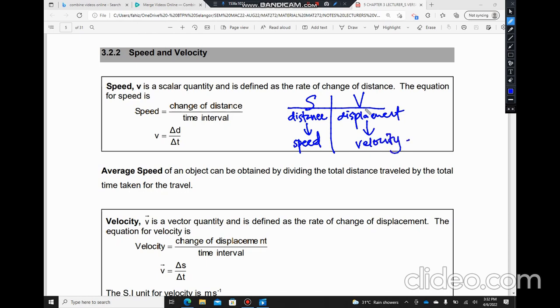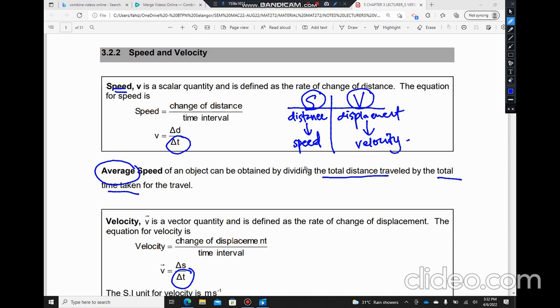So that's why velocity adalah vector quantity and speed adalah scalar quantity. Dua-dua ni based on time interval, kita bahagi dengan masa. Average speed of an object can be obtained by dividing the total distance travelled by the total time taken for the travel. Kalau average speed, maknanya purata, awak ambil jumlah total distance and then divide by total time taken.